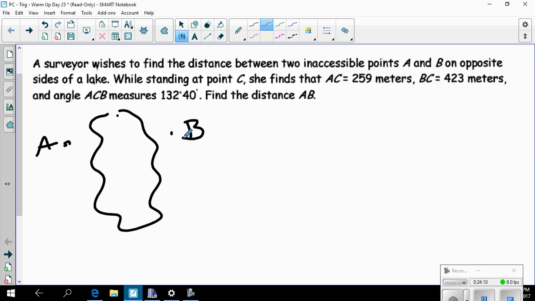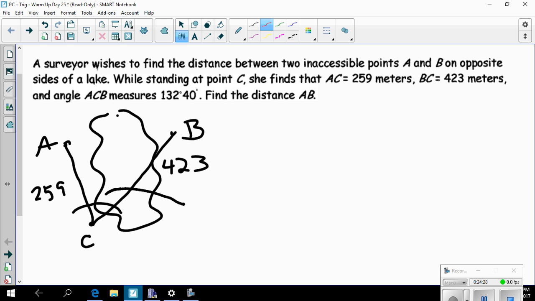But a point that she can get to, call C, she finds that AC is 259 meters and BC is 423 meters. And she knows that this angle here is 132 degrees 40 minutes. She wants you to find this distance that I can't measure because I can't get to those two points.